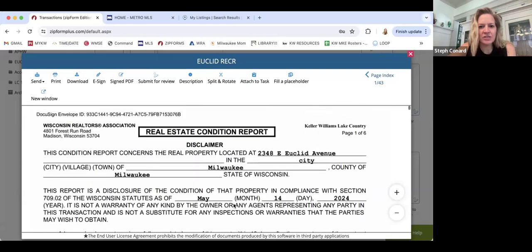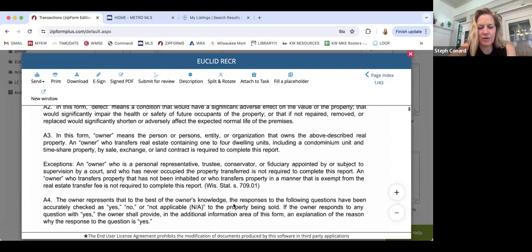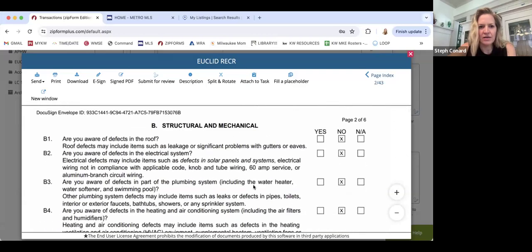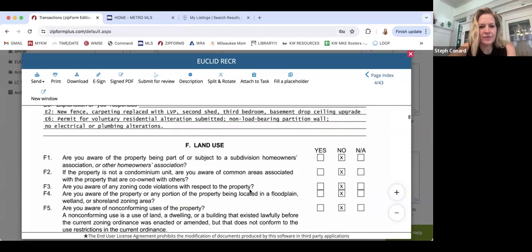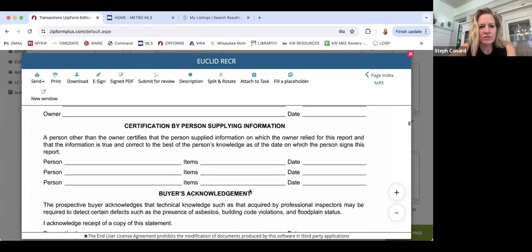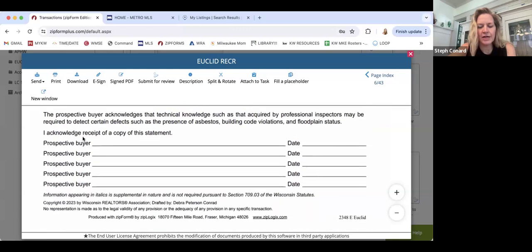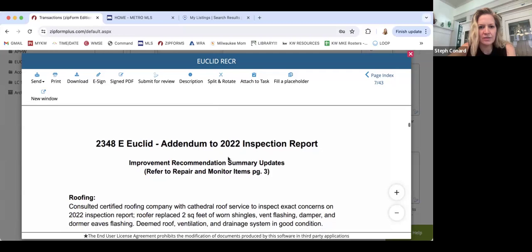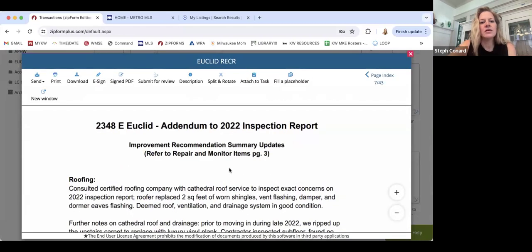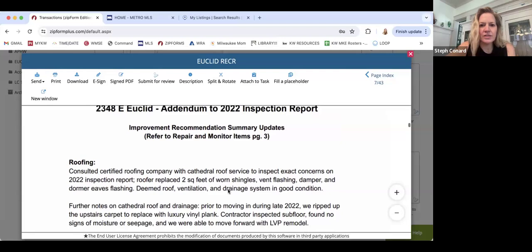Okay. So this is the real estate condition report. Again, after these questions, a series of questions for the seller, the seller would mark yes, no, or NA. And then down here is where that buyer is going to sign it and then date it. And then there's an addendum.